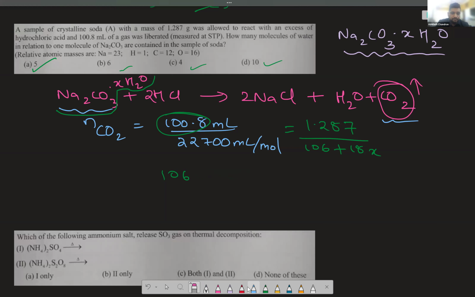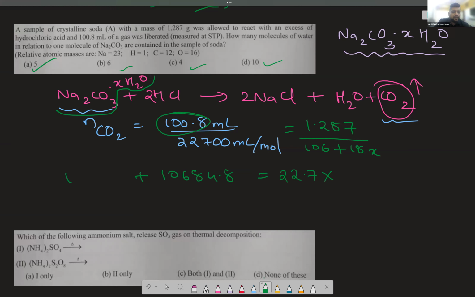84.8, right, is equal to 1.287 into 22,700, right? So this is 22.7 into, of course, sorry. Along with this, we have 18 into 100, 1800, plus 18 into 0.8, which is what? 8 into 1.8, 8 plus 6.4, 14.4.